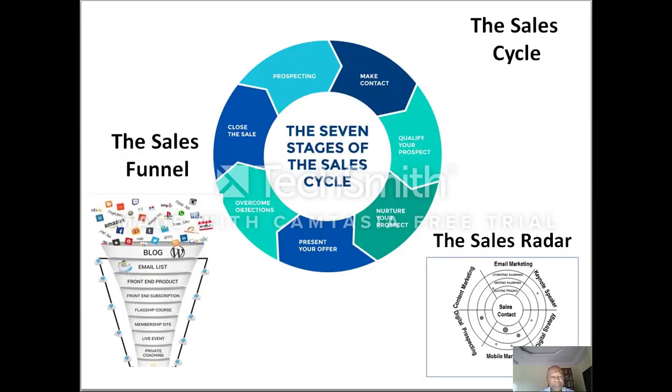So for those of us that do sales, these are the normal stages. But don't forget the 7 stages of sales. Of course, all these stages overlap, but for those who are experts in sales, you always start with prospecting. Prospecting is when you are knocking on doors, trying to find those suspects and prospects, and make contact.